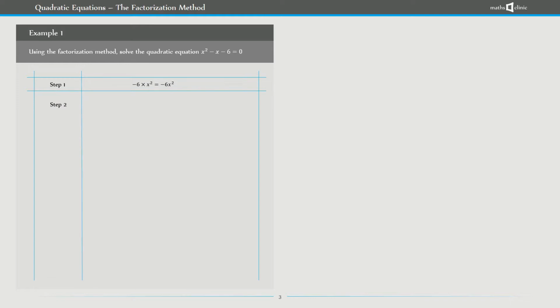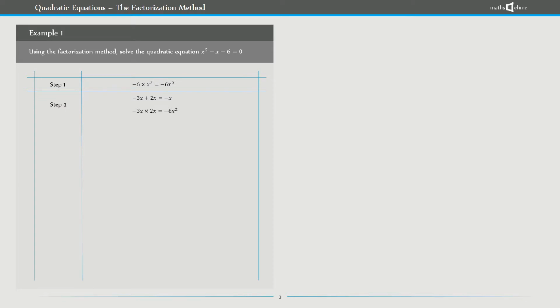Now the next thing we want to do is find two terms that we would multiply to give us our result from the first step, minus 6x squared. And when we add them, we'll get our middle term minus x.